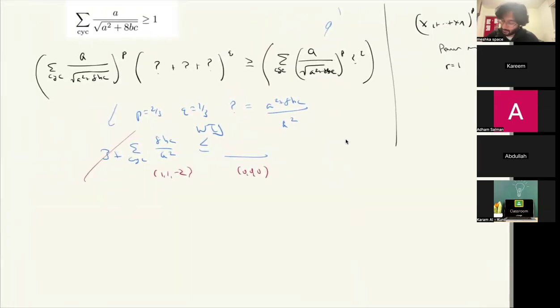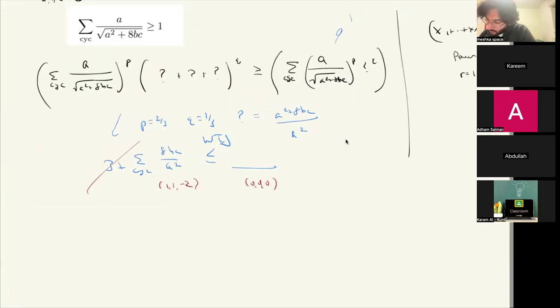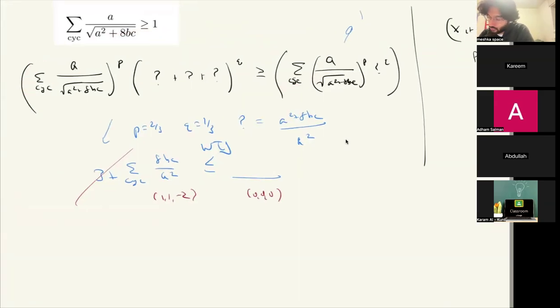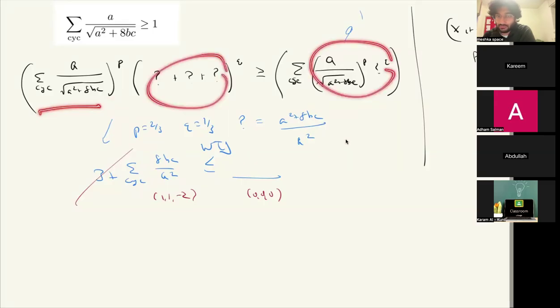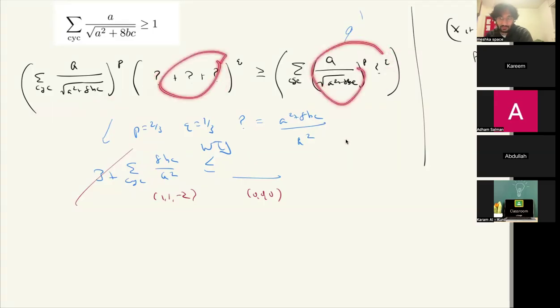Okay. Anyways, the point is, if we want to use Holder here, we have to do something a little bit better. The idea is, you don't have to get exactly 1 here, because whatever you get here, Holder will tell you this is greater than or equal to the ratio of these two. So as long as both of these are okay, I'm happy.